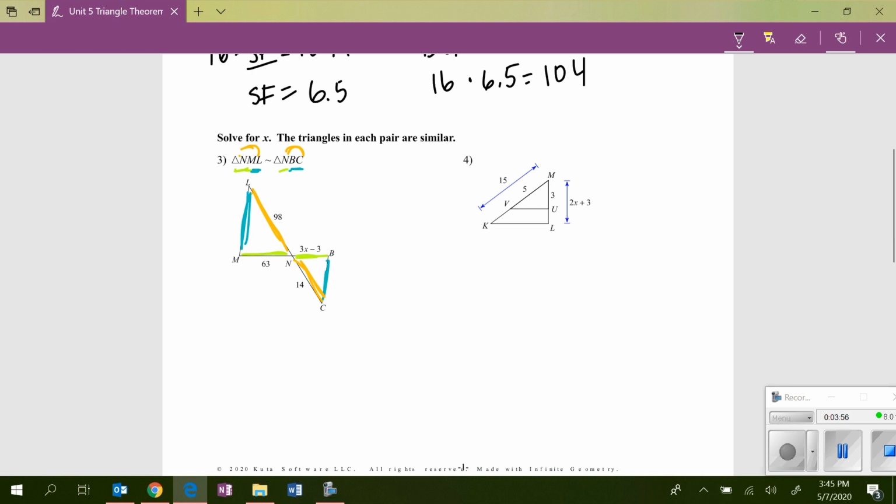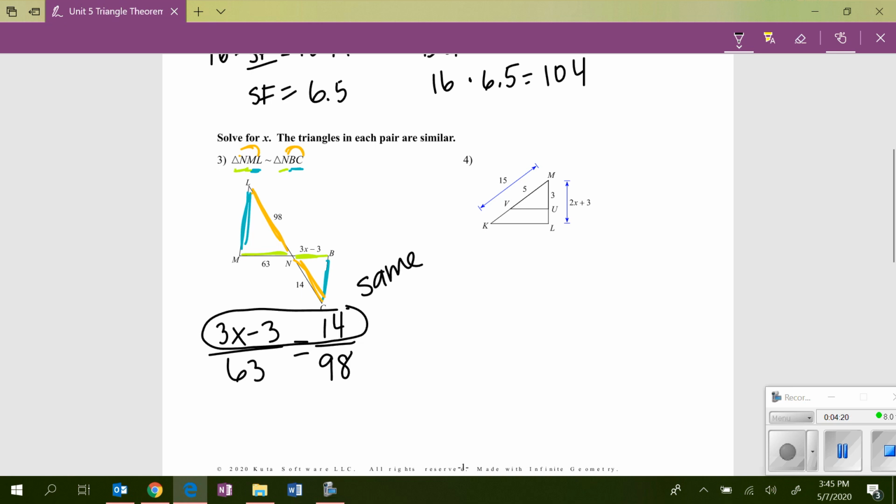So I can say that 3x minus 3 over 63 is equal to 14 over 98. So what I did here was across my tops and bottoms, these are both from the same triangle.